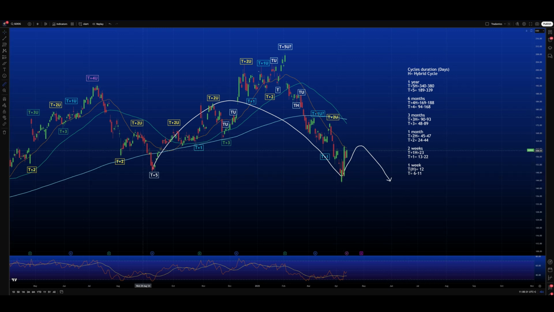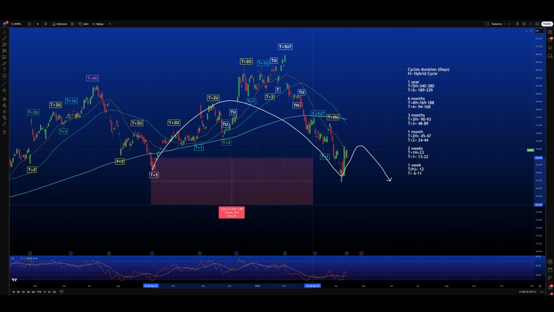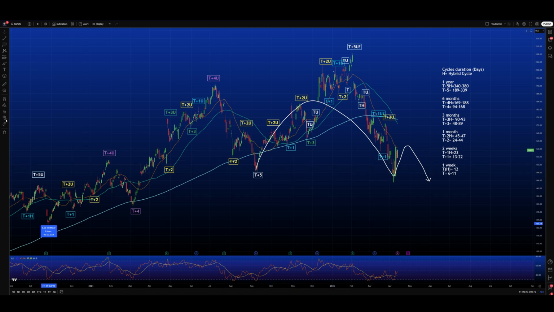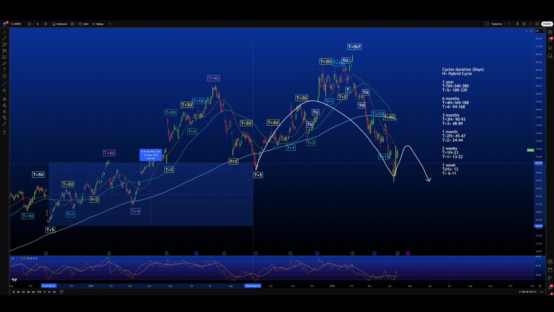And on Google, the situation seems to be rather clear, because here we have the new T plus 5, and here we have added the previous T plus 5, and this T plus 5 had a total duration of 216 bars.